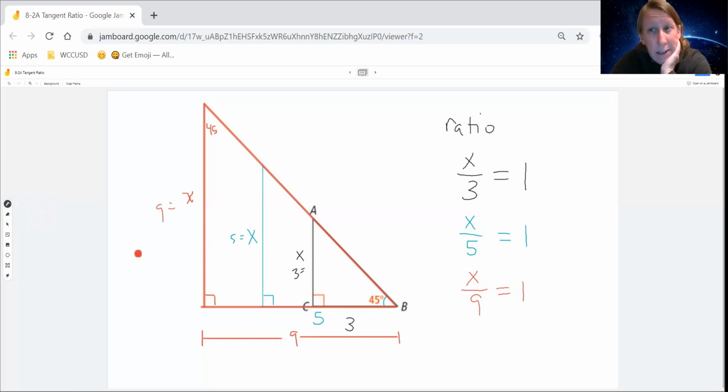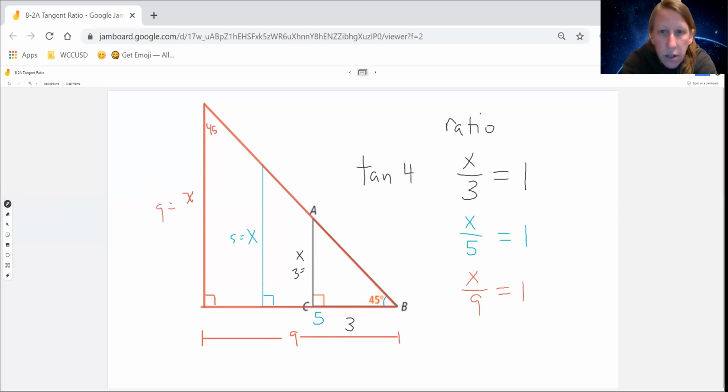Which means that if I know this angle here is 45, I know that the ratio of the side opposite the angle divided by the side next to the angle is going to be 1. The concept that we're playing with is called the tangent ratio.